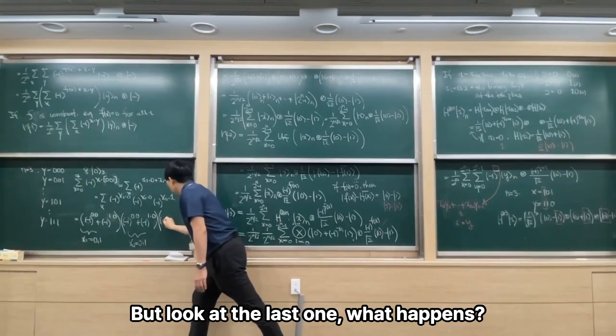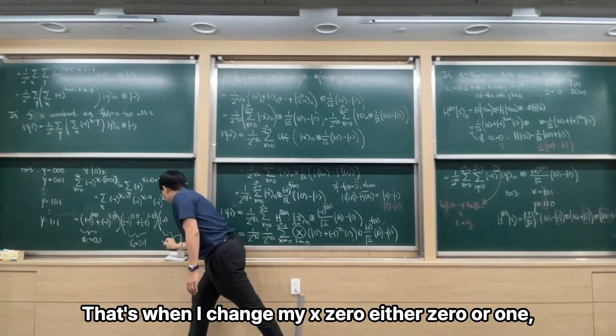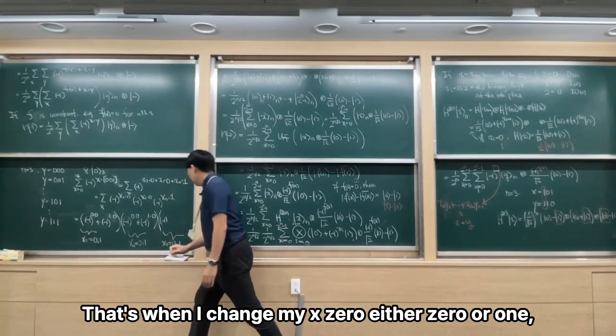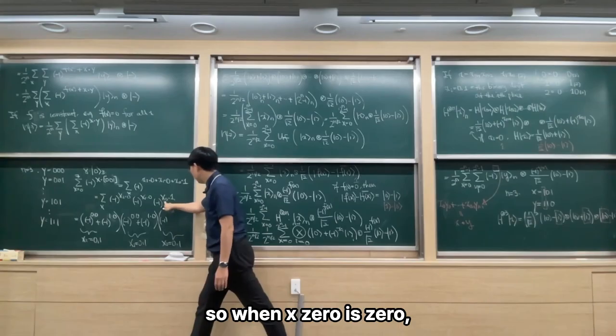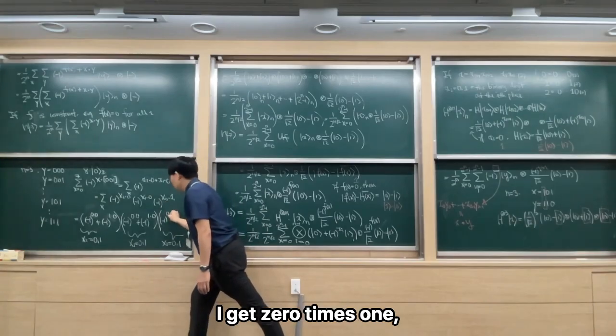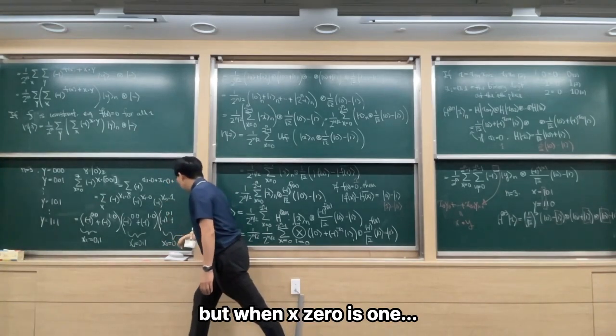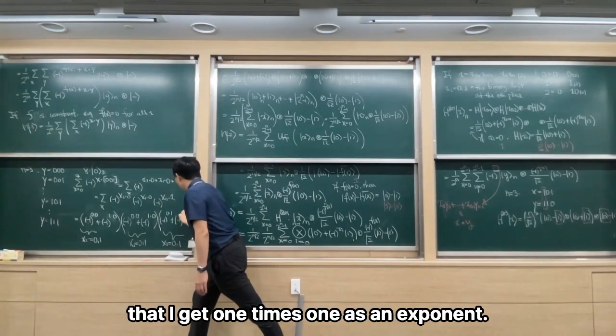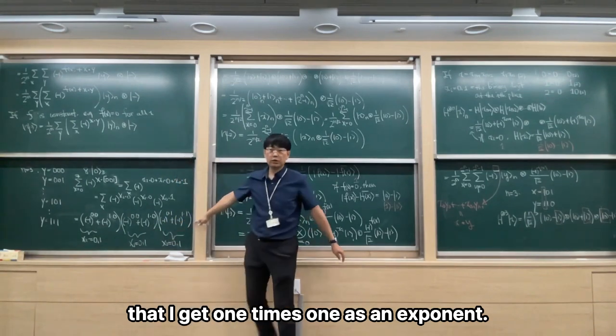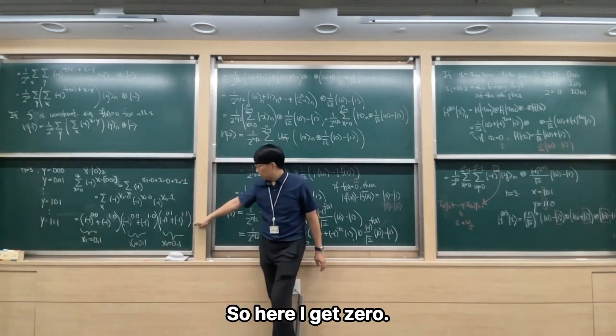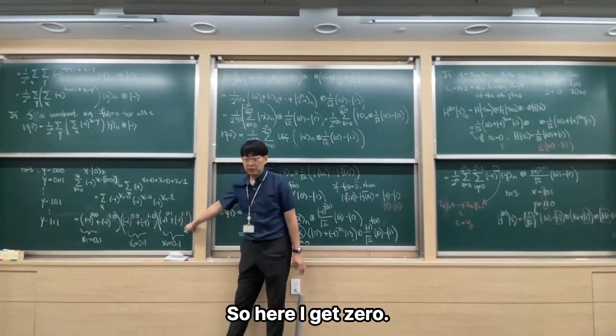What happens? So that's when I change my x0 to either 0 or 1. So when x0 is 0, I get 0 times 1. But when x0 is 1, I get 1 times 1 as an exponent. So here I get 0.